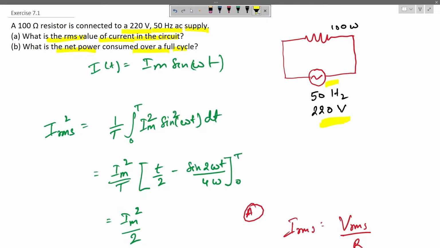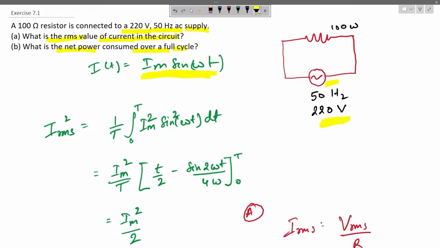To express the AC power in the same form as DC power, RMS value is used, and RMS is defined as the square root of the average of a squared quantity. If we define current varying with time as Im sin omega t, where Im is the peak current and sin omega t is the sinusoidally varying quantity, then I RMS squared would be equal to 1 by T of the integration from 0 to T, where T is the time period, of Im squared sin squared omega t dt.